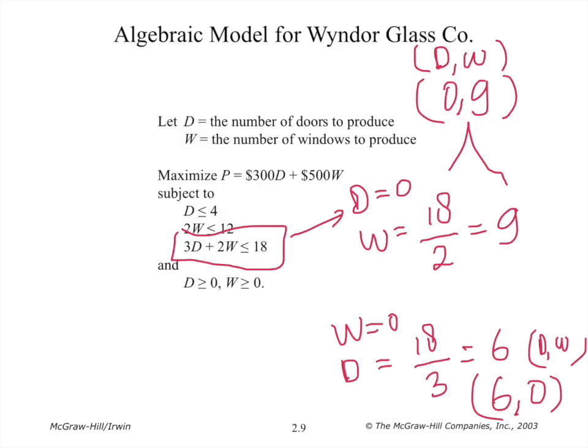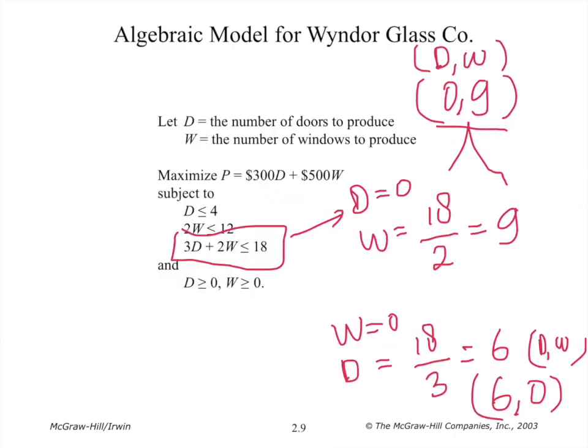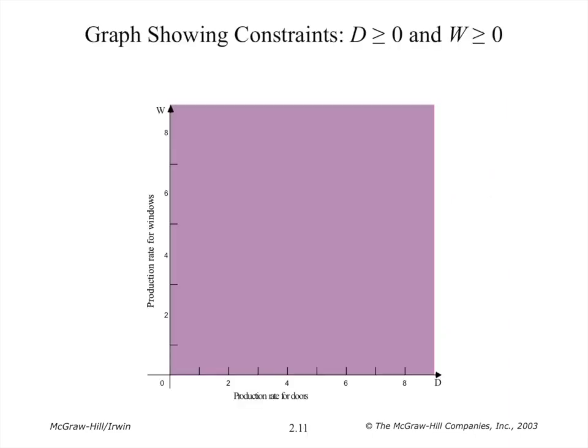Okay, we got the point (0, 9), it must be here, and then (6, 0), it must be here. So the line is this. I presume the line is this.